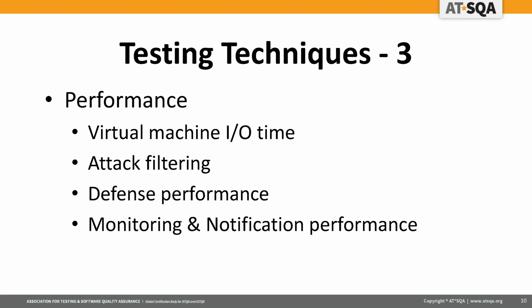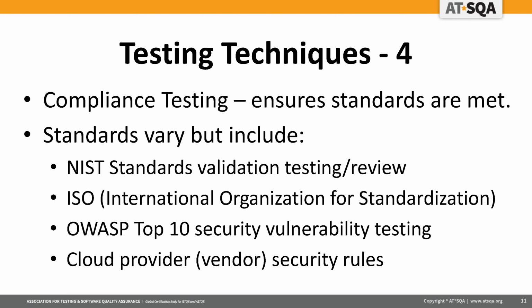This tests the handling of attacks and how much interruption filtering them causes the system. Defensive measures performance. When defensive measures are activated, what is the impact on users within the system? And monitoring and notification performance. How quickly do notifications and alerts reach the responsible resources?